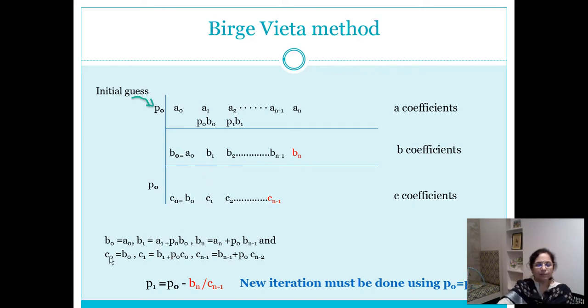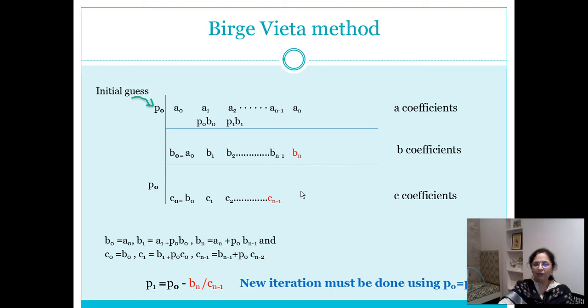Now these expressions I have written here. How to calculate the rest of the coefficients? We must remember there is no cn coefficient calculated. It is not necessary because bn is the function evaluation f of p0, and cn minus 1 is the first derivative of the function. So one term is reduced and we do not require cn to be calculated.